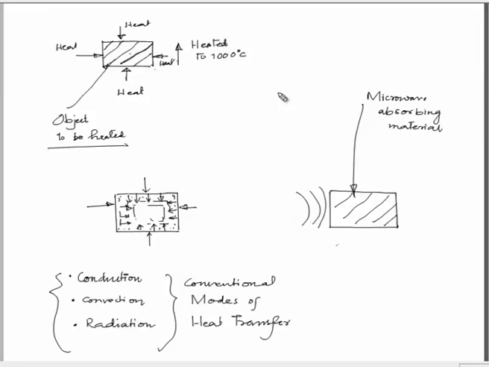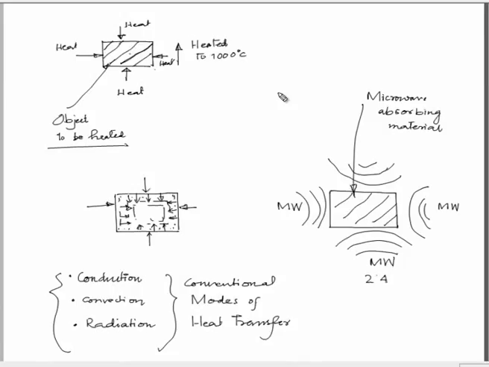microwaves from say all the direction as we are doing in case of conventional heating process. So, this is nothing but microwave, and it is at a particular frequency say 2.45 gigahertz.